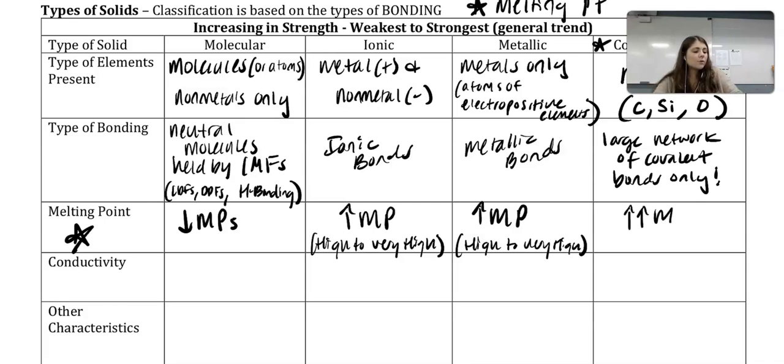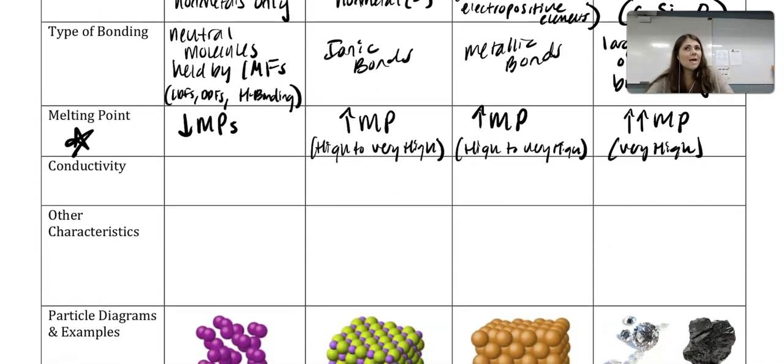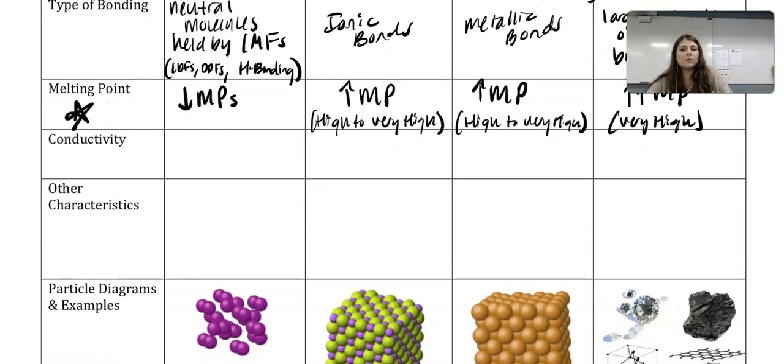Covalent network are going to have super high melting points. Very high. So here, if molecular has low melting points, I'm talking negative 10 degrees Celsius or even lower. And then you have a covalent network which has very high. If you're given Si and it has a melting point of like 2000 degrees Celsius, it cannot be a molecular solid. It has to be a covalent network, because I know Si is going to be our nonmetal.